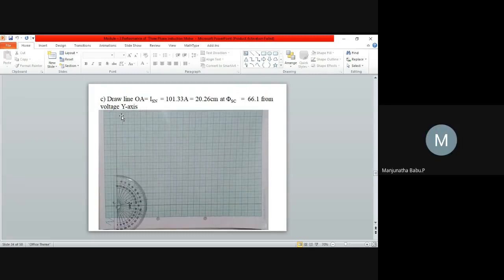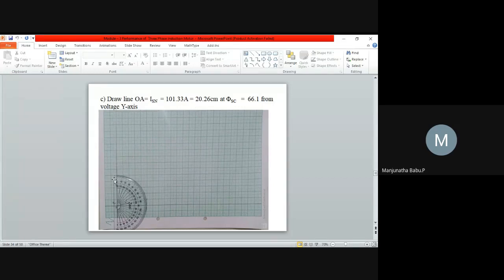Now, I'll come to the third step. Draw line OA, that is short circuit current at normal voltage, which is equal to 101.33 amps. As per this scale, it becomes 20.26 centimeters. This line will be drawn with respect to the short circuit angle, which is 66.1 degrees from the voltage axis, the y axis.